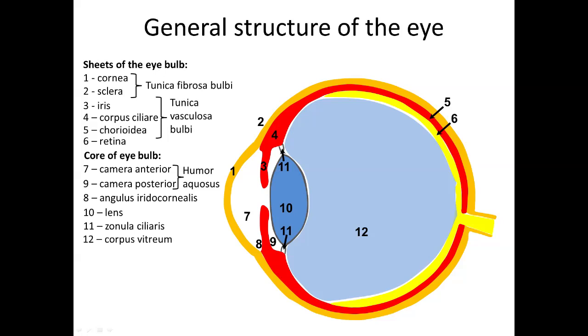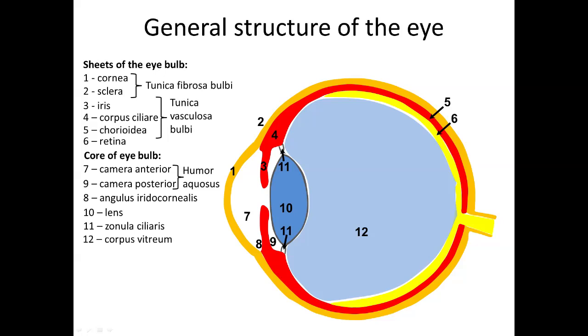Second function of humor aquosus is providing the nourishing, it means trophical function for the cornea, and third function, especially of the lens, is function of concentrating of all waves of light into retina for possibility to recognize not only light but the outline of all things around us.